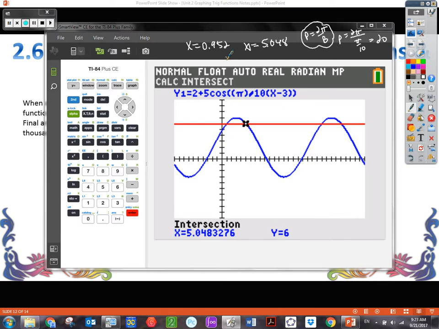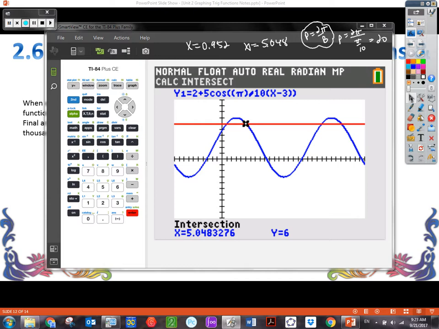All right, so let's find that other intersection just for fun. I think we're fine, but let's just find it. In this type of graph, you should always have your x-axis wide enough. Good question. Originally I had my window open at 10 and I couldn't see the other one, so since our period is 20, I changed my window to 30 so that I would be sure to get at least 2 cycles in.